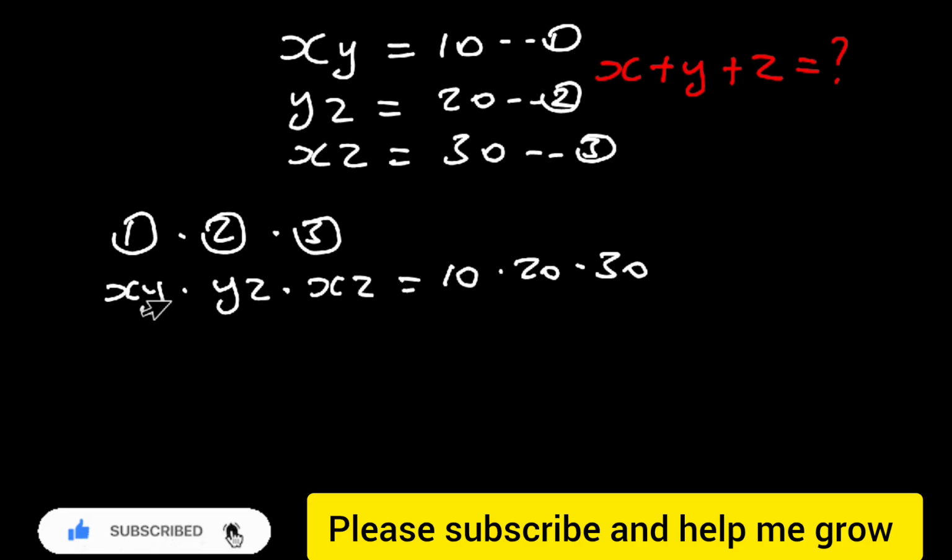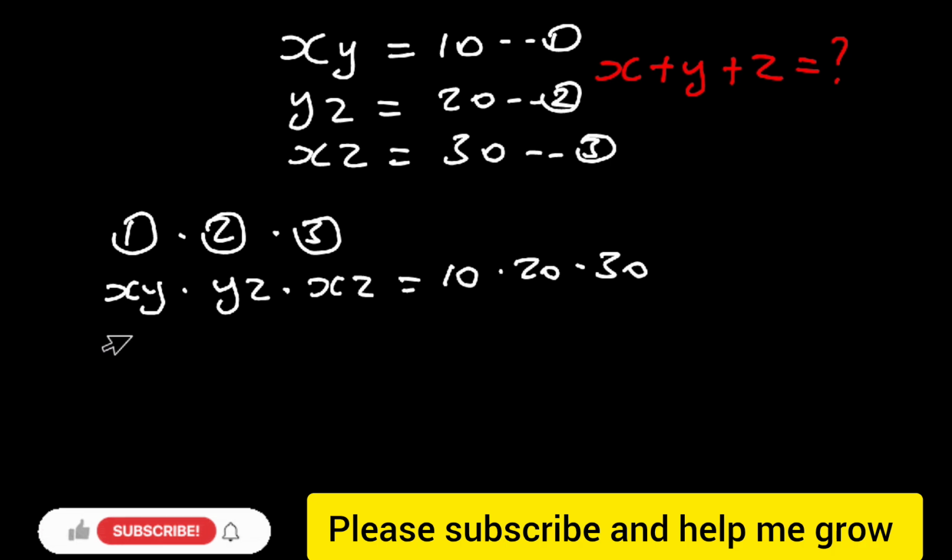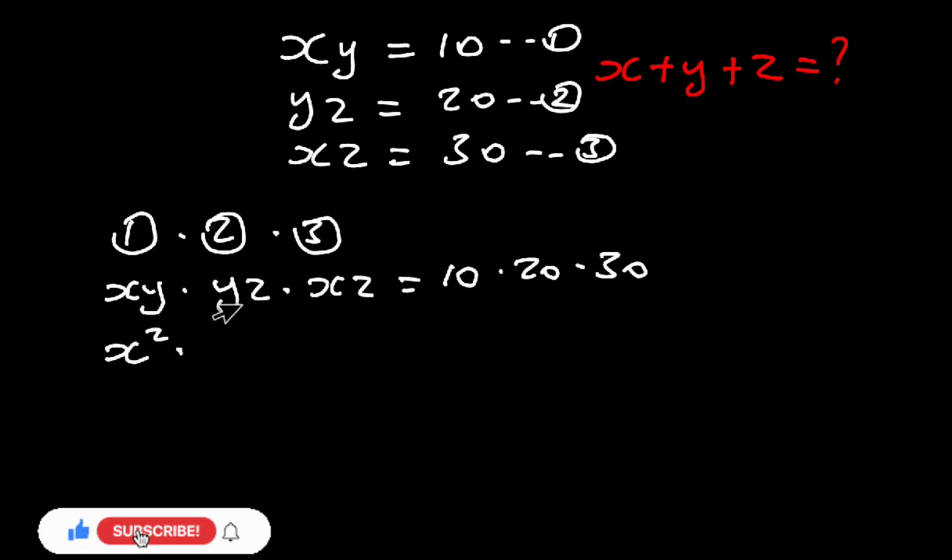So xy times yz times xz is equal to x times x is x squared, multiplied by y times y is y squared, multiplied by z times z is z squared. This is equal to 10 times 20 is 200, 200 times 30 is 6000.